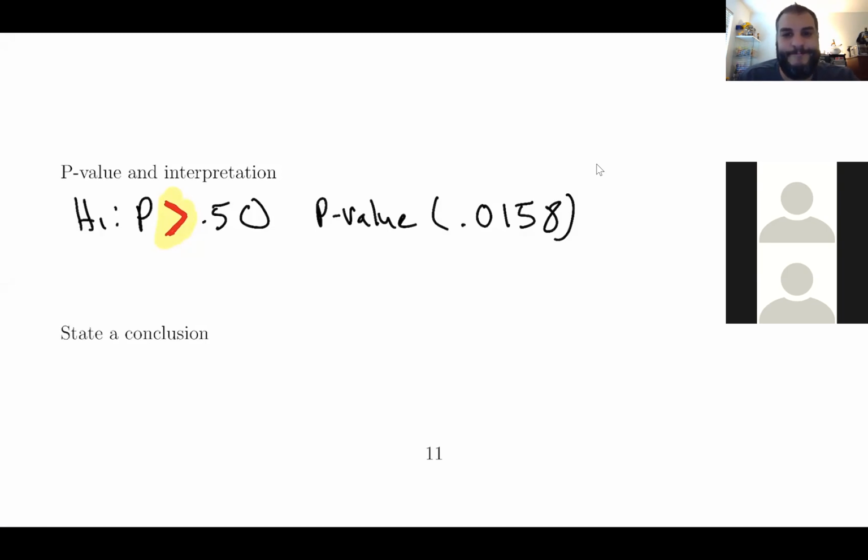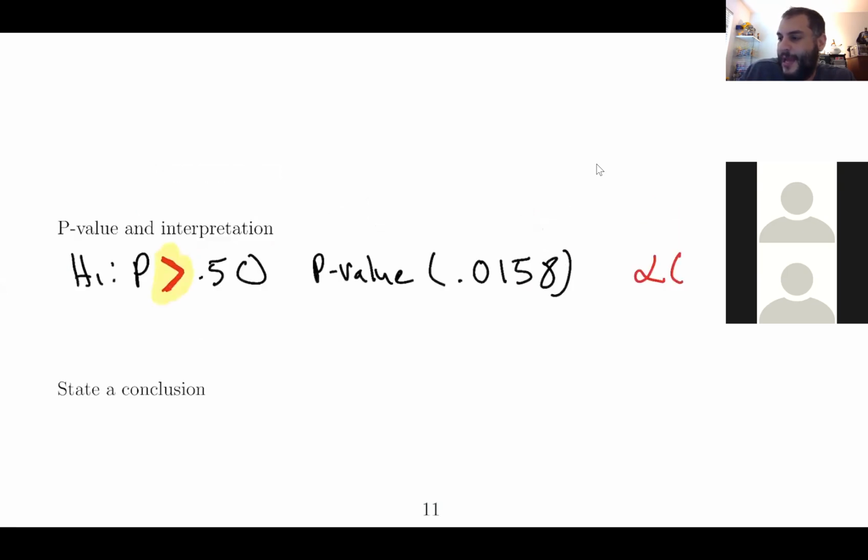All right. So if you look at where it says p-value and interpretation, the interpretation just tells me if I should reject the null hypothesis or if I should fail to reject the null hypothesis. Like in the last section, in order to decide, you want to use your alpha.